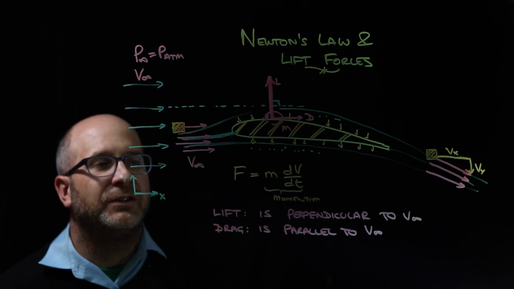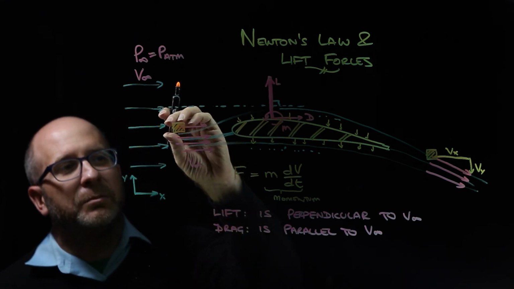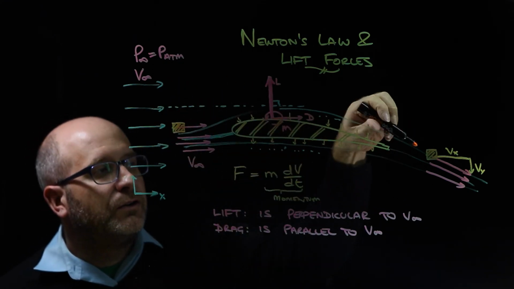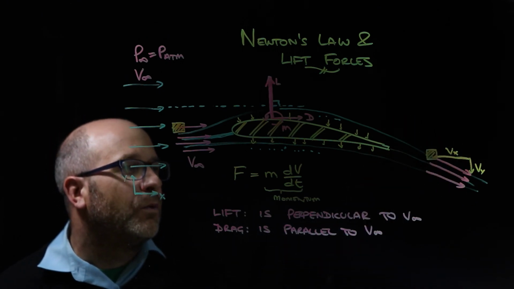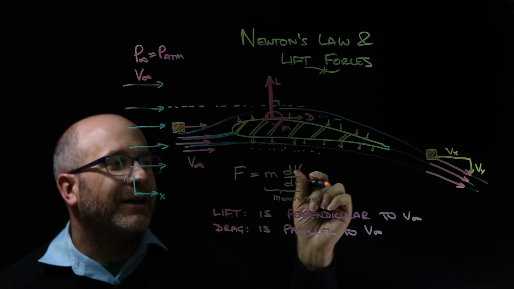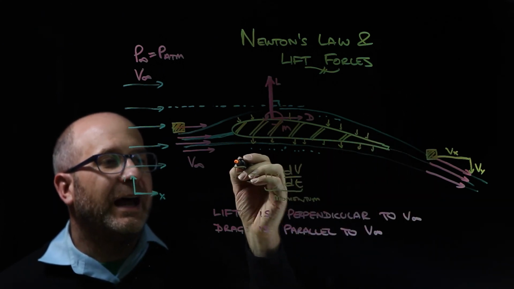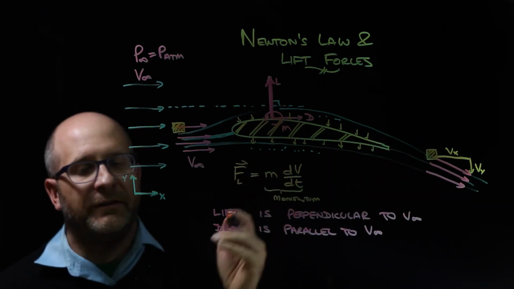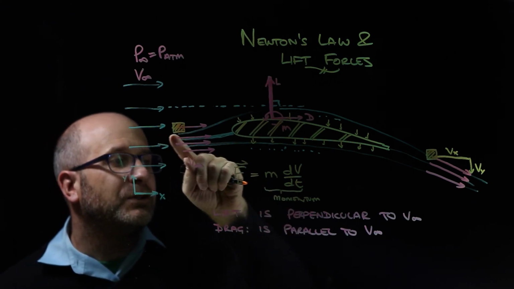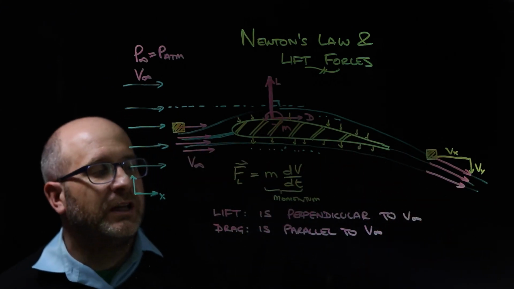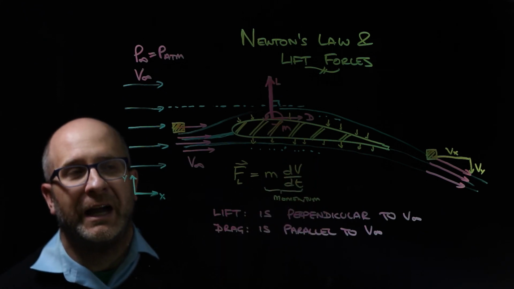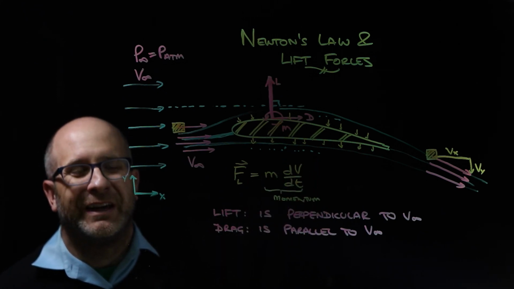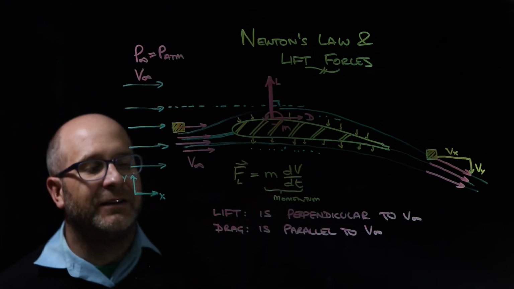How the momentum changes, well, in order to make this block go from horizontal to a downwards orientation, what we would find is that we would have to impart a force on it. And that force in this case is the lift force, right? So we've changed the direction of motion and therefore changed the momentum, or changed the velocity with respect to time, of those fluid particles. And the result is a net lift force.